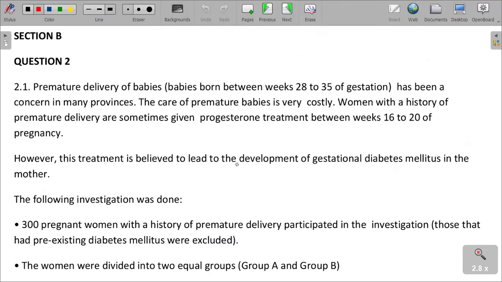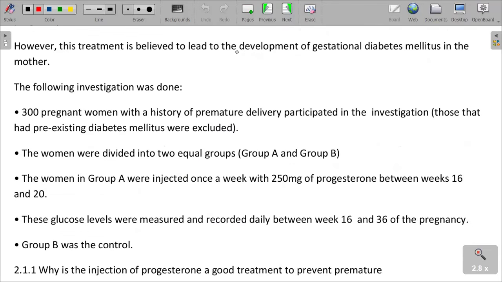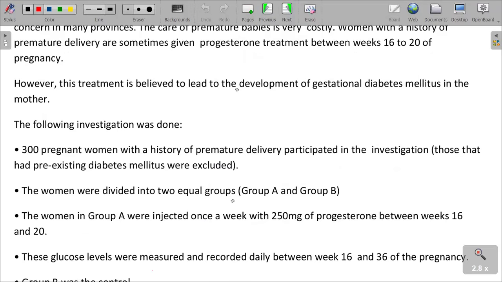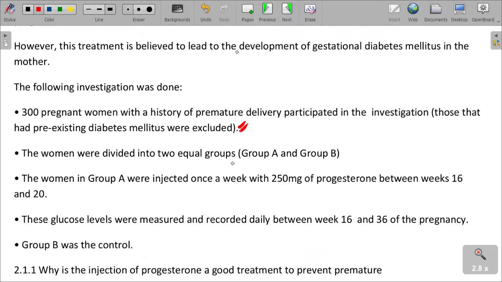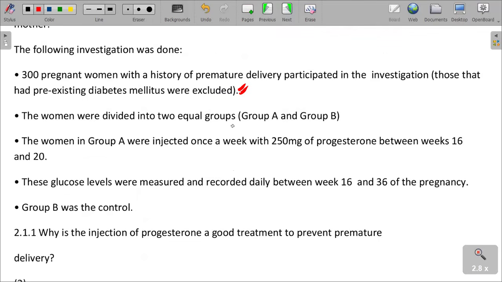The following investigation was done. 300 pregnant women with a history of premature delivery participated. Those that had pre-existing diabetes mellitus were excluded. The women were divided into two equal groups, A and B.